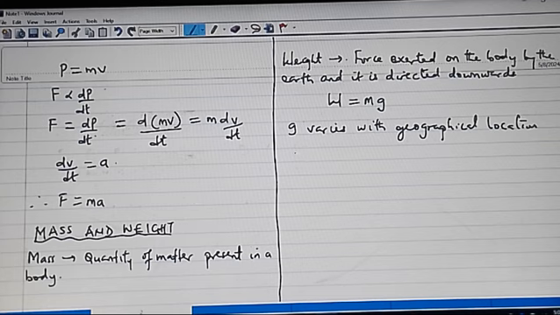Then let's look at Newton's third law of motion. This law can be stated in different variants.